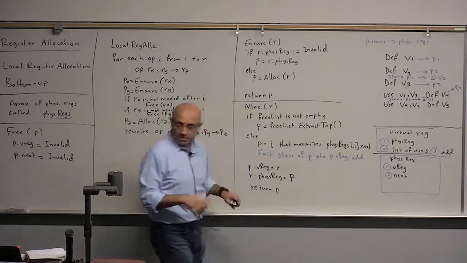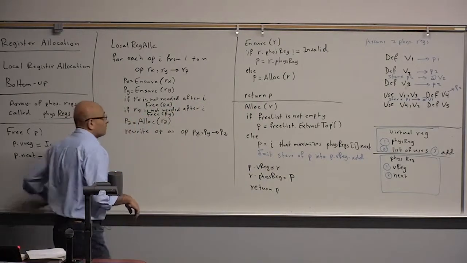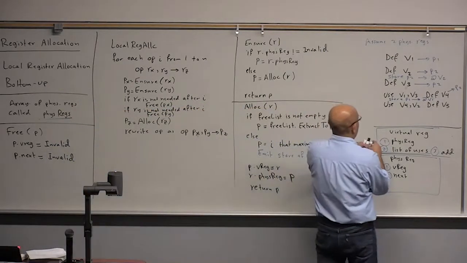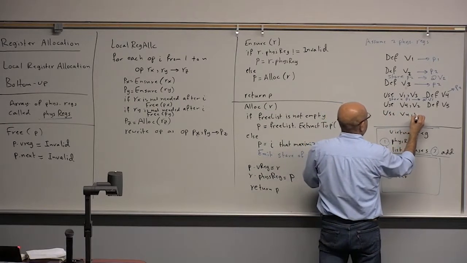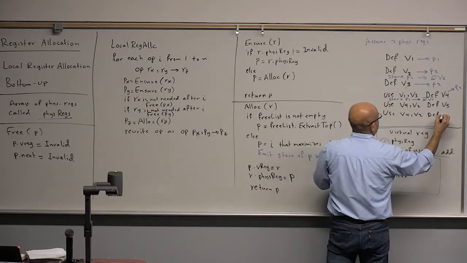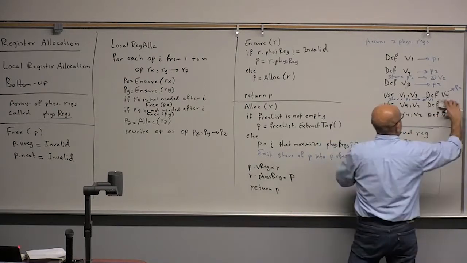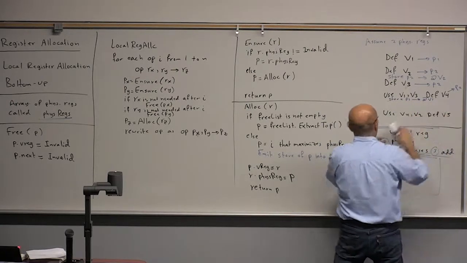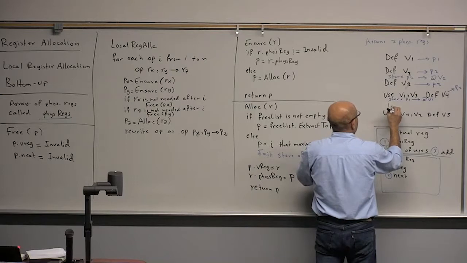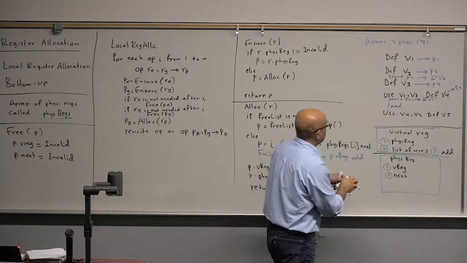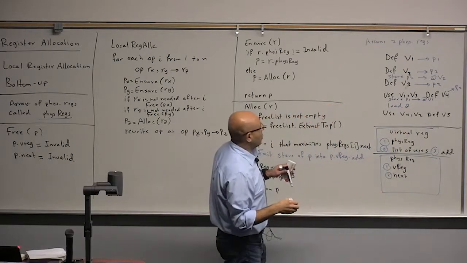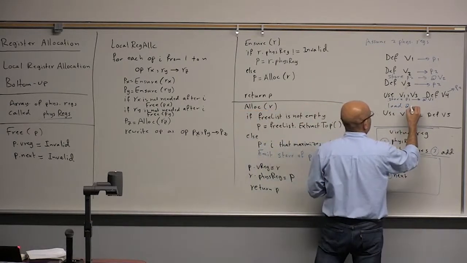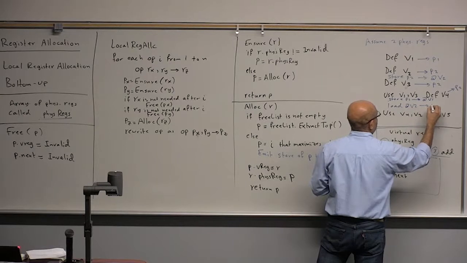Yeah, so let me move this down. So this is use v4, v2, and define v5. So we need a load. Load the address of v2 into P1.